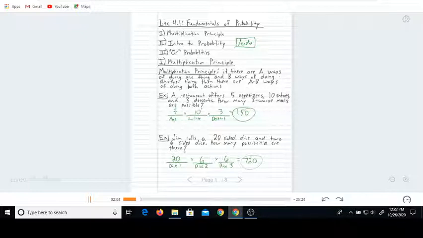Alright. So now that we got the multiplication principle out of the way, we are ready to begin talking about probability. So, probability is a measure of the likelihood that a given result of a random phenomenon will occur. The probability of event E occurring is denoted P(E), and of course, probabilities are between 0 and 1. Keep in mind 0 equals 0%, 1 equals 100%.